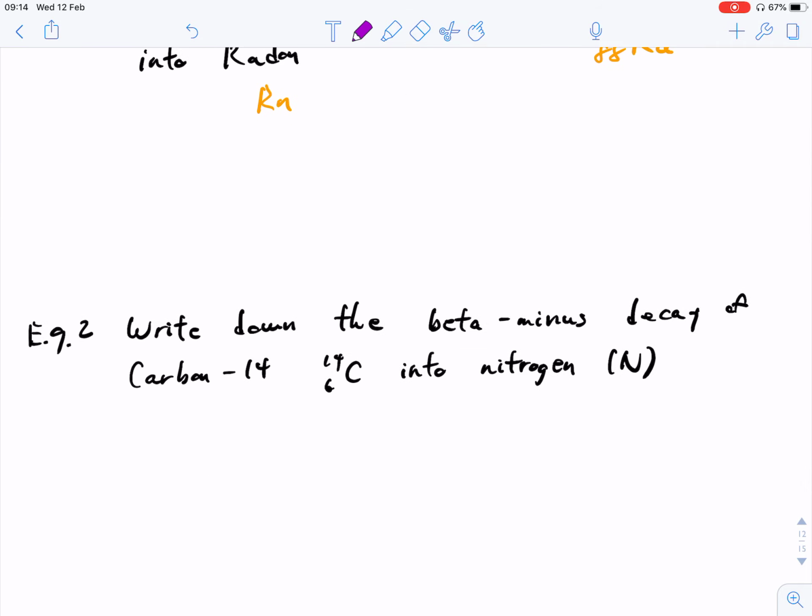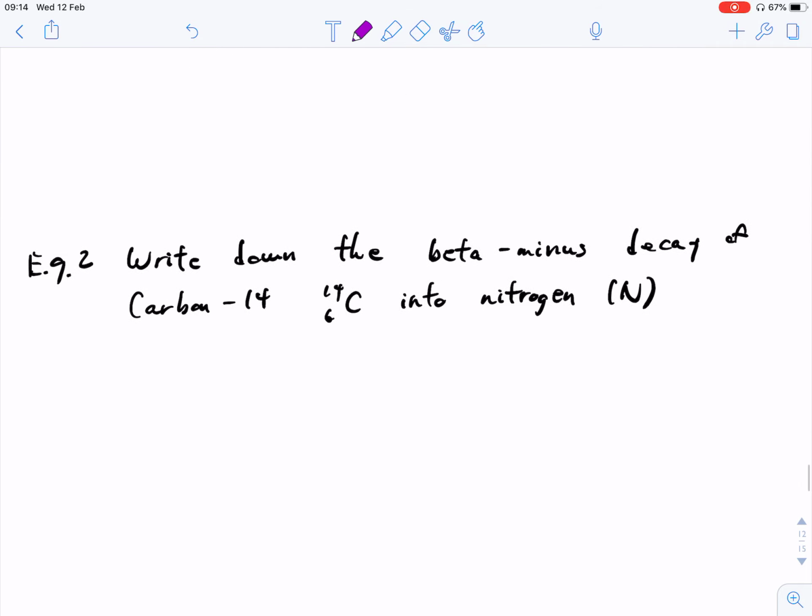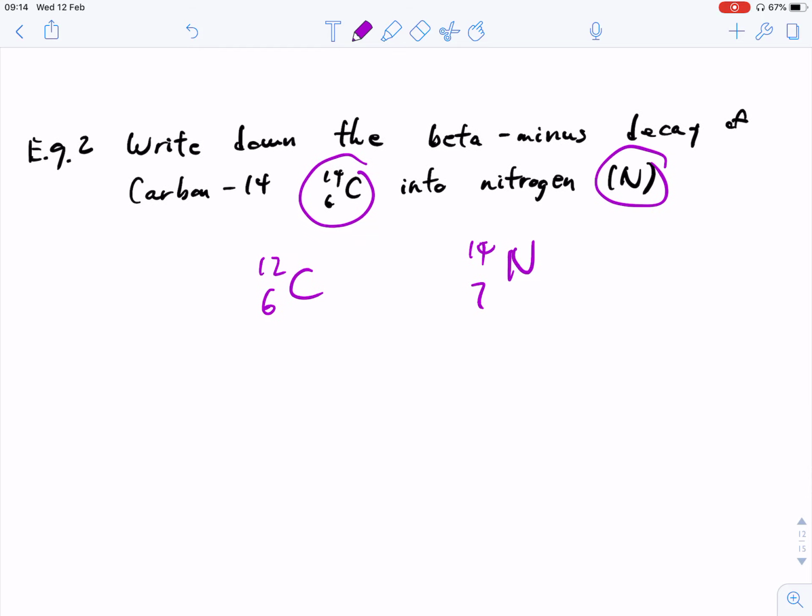So actually, let's look at the beta decay because we were just talking about that. So a carbon-14 actually turns into a nitrogen. So nitrogen, you might remember, is 14, 7, whereas carbon is 12, 6, if you look that up on the periodic table of elements. So in terms of this question, write down the beta minus decay of C-14 into nitrogen.